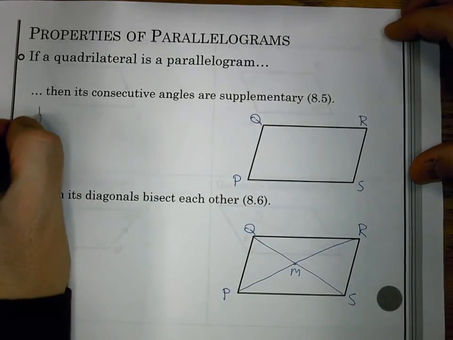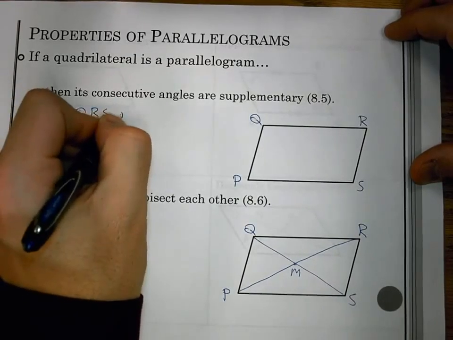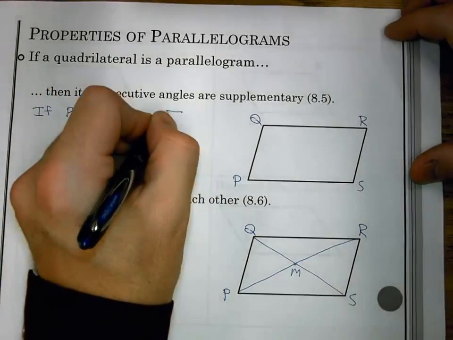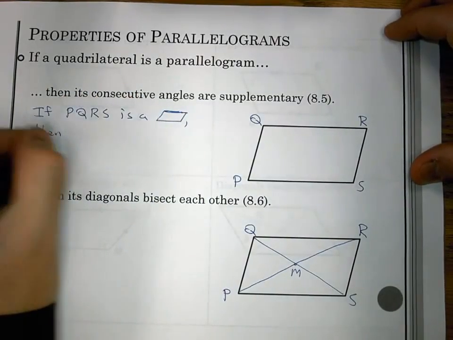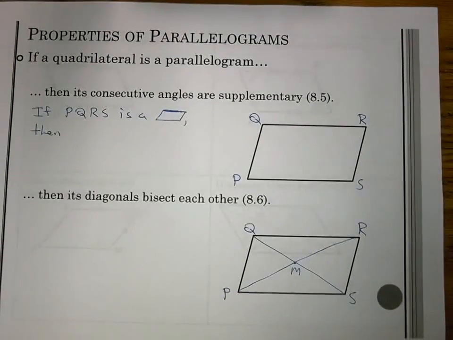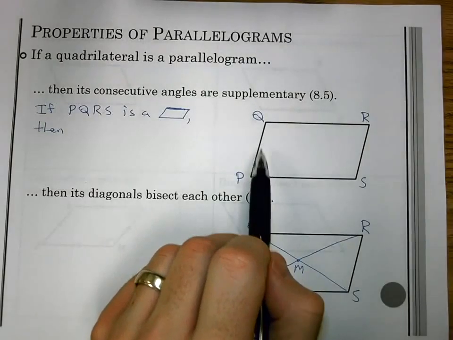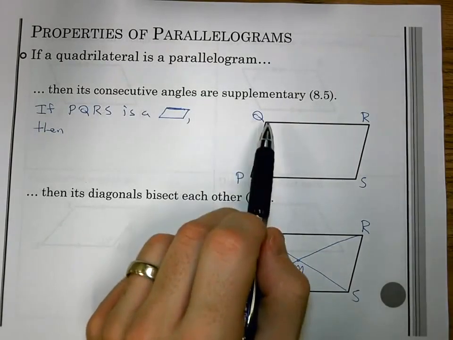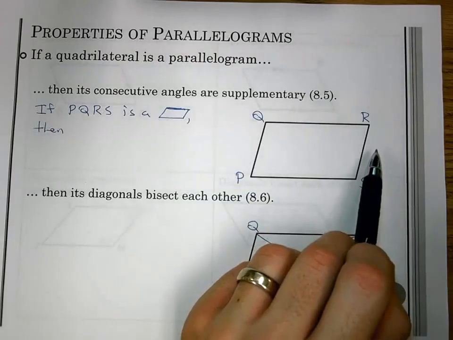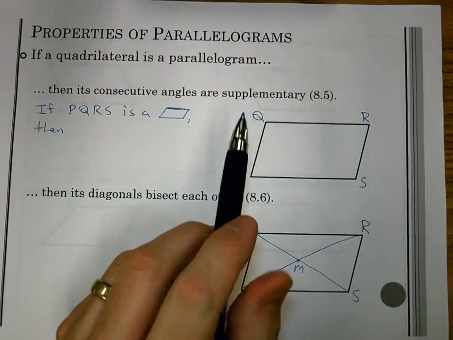So, if we have PQRS is a parallelogram, then consecutive angles are supplementary. Well, how are we going to write that? First of all, we're saying that the angles next to each other would be supplementary. So I could go through and list P and Q supplementary, Q and R supplementary, R and S supplementary, and S and P supplementary. That's a lot though.